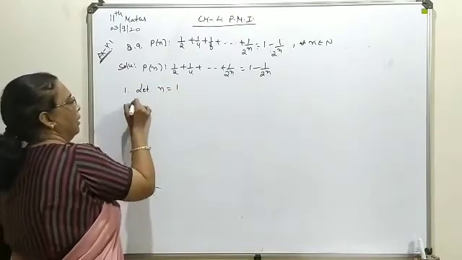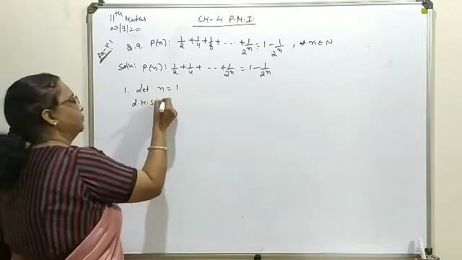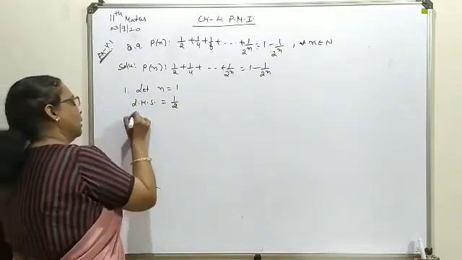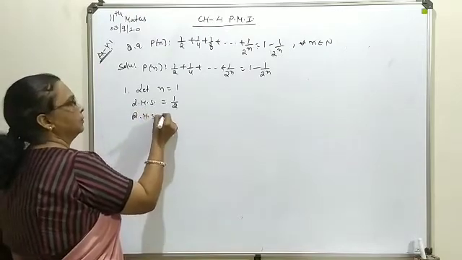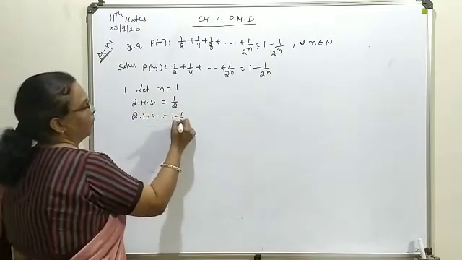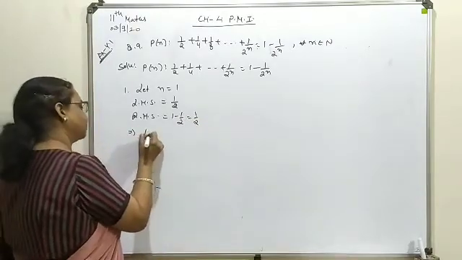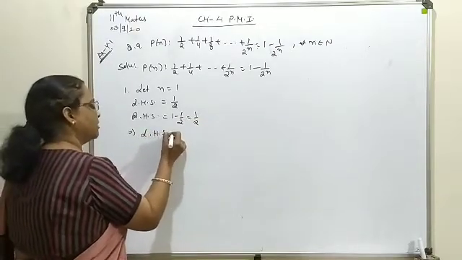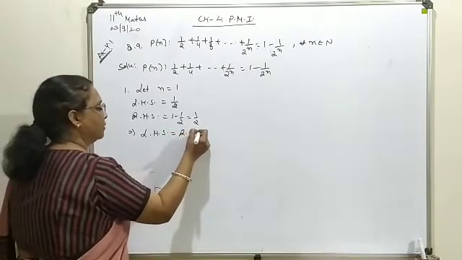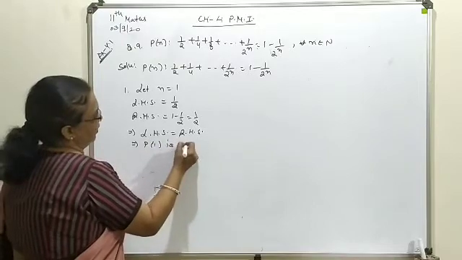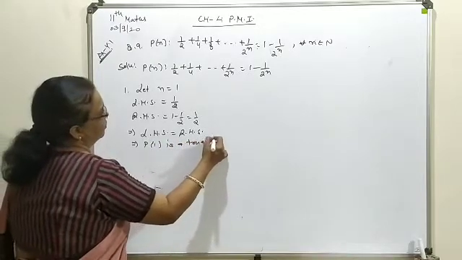So your left hand side for P1 is 1 by 2 only, the first term value. Right hand side, 1 minus 1 upon 2, obviously it will give you half. So here left hand side is equal to right hand side, means P1 is a true statement.